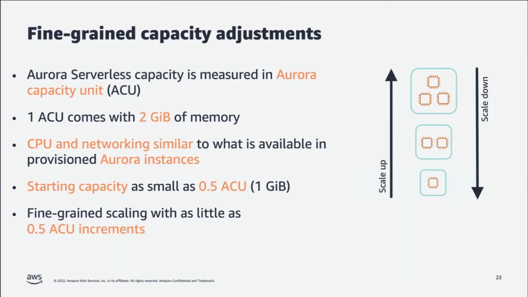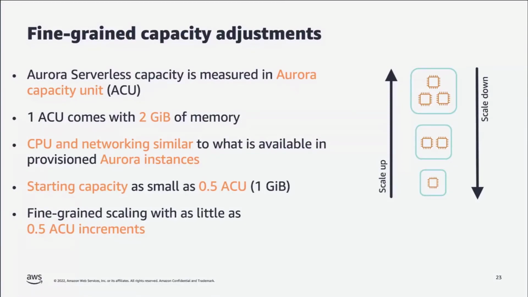We use Aurora Capacity Unit, or ACU, to measure Aurora Serverless database capacity. One Aurora Capacity Unit comes with 2 gig memory with associated CPU and networking. So the starting capacity with serverless can be very low.